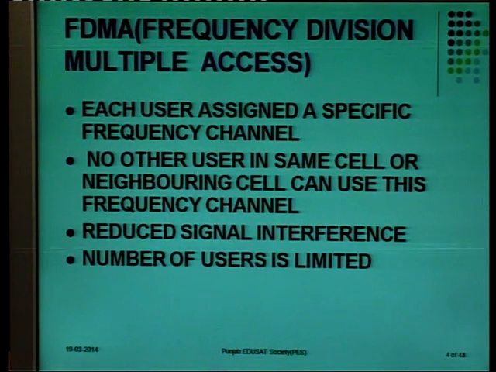So, here the signal interference is reduced because there is no use of the same frequency by another user. Here the number of users is limited because the number of users will be equal to the total frequency spectrum divided by the frequency band allocated to each user.